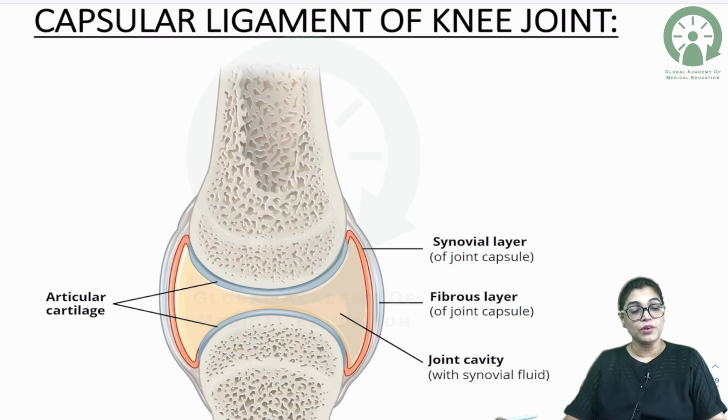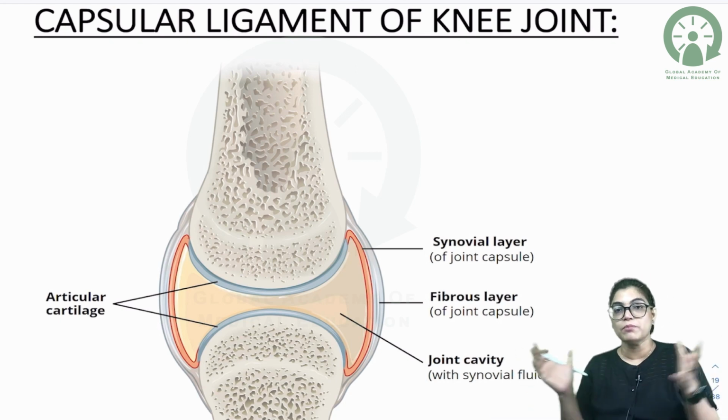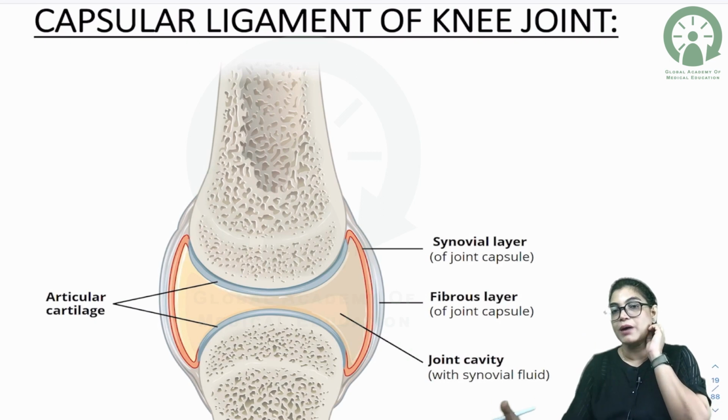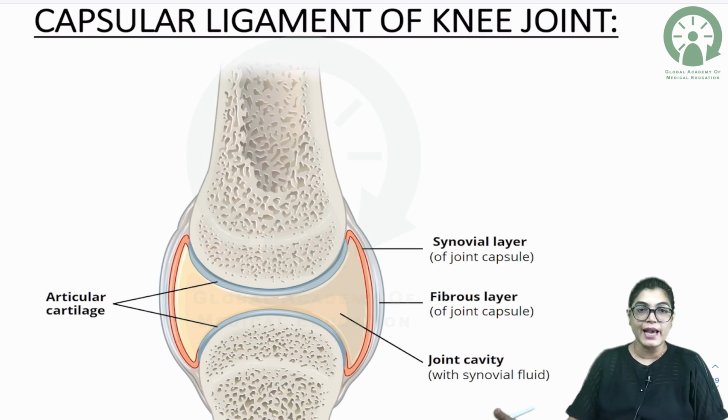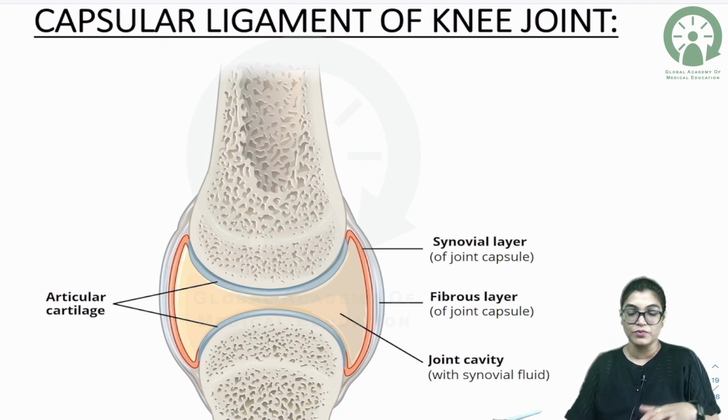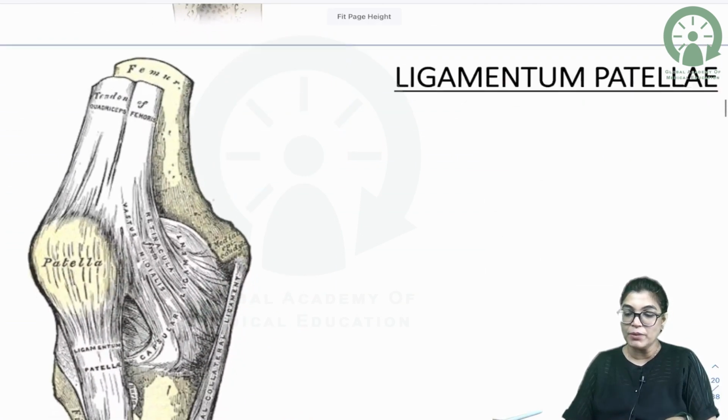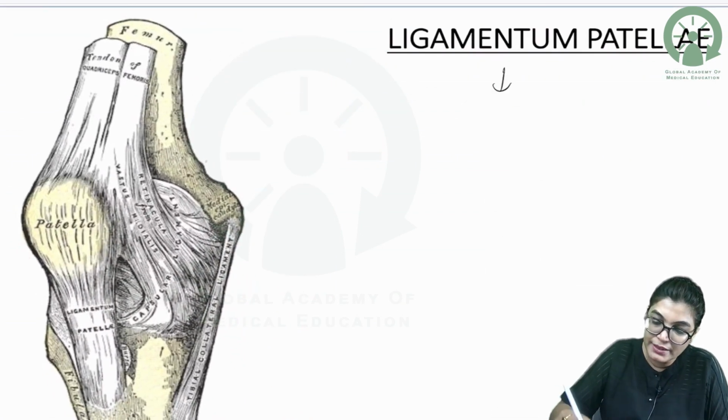Anteriorly, there is a gap for the suprapatellar bursa and ligamentum patellae, which is very important for joint support. The interior of the fibrous capsule has the synovial membrane, which secretes synovial fluid for smooth lubrication of the knee joint. Now, ligamentum patellae is actually formed from the tendon of which muscle?